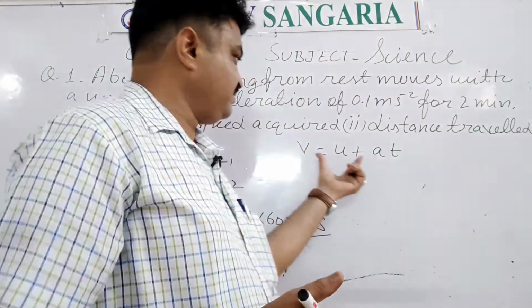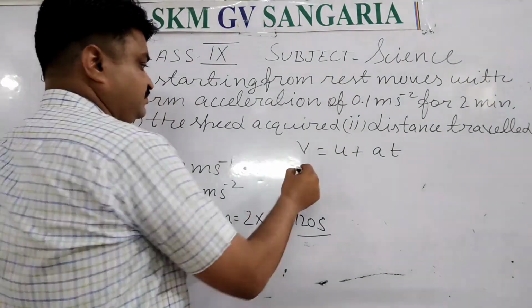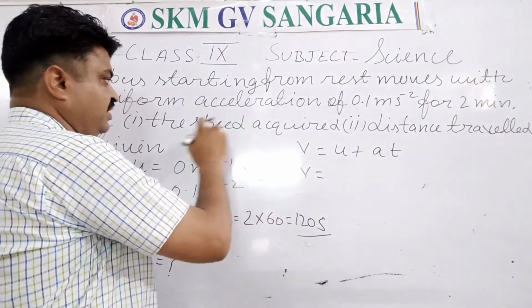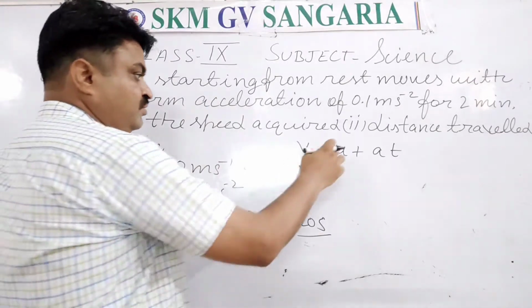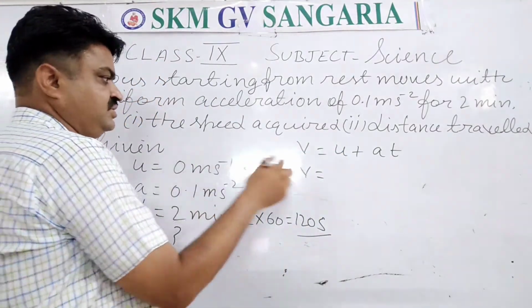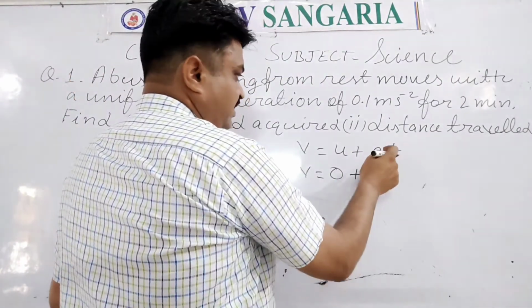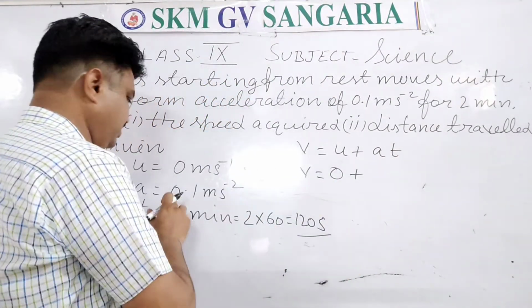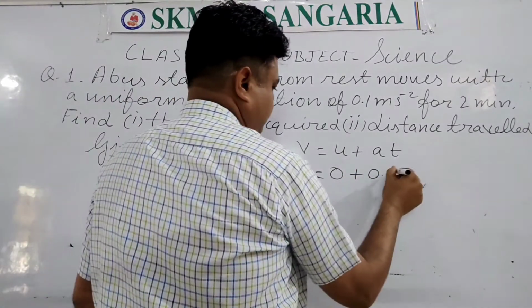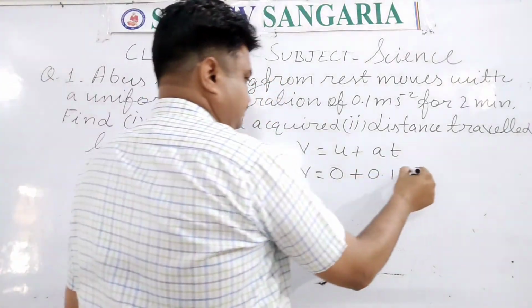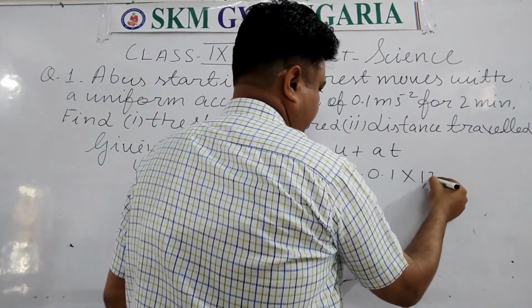Now you apply it. V is what we will try to find out. V is not given, we will find the speed acquired. U, we have written here, it is 0. So we will write here 0. Acceleration is also given here, 0.1. Time is also given, it is 120.